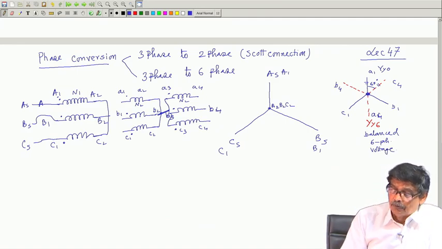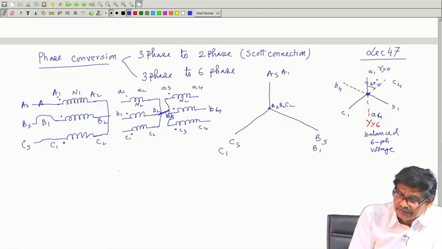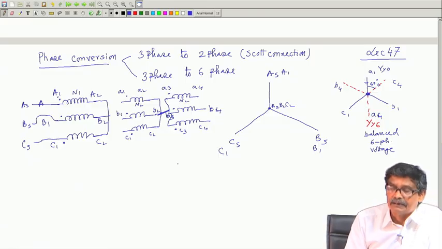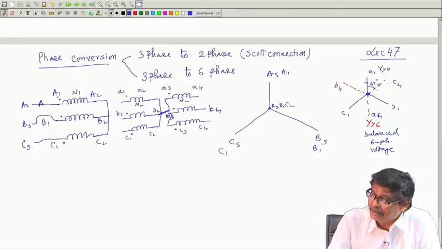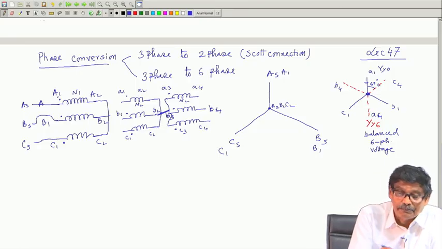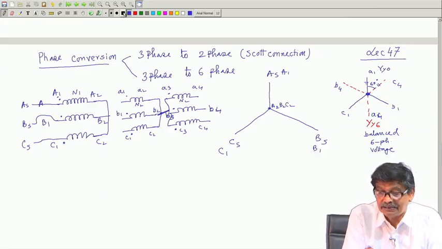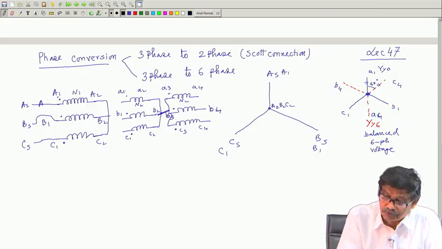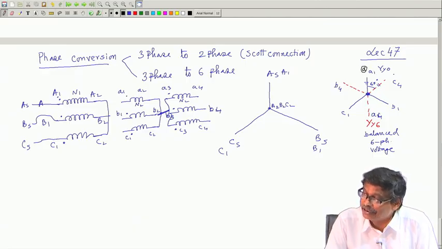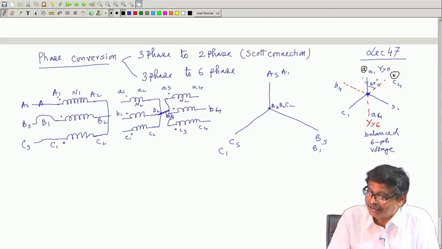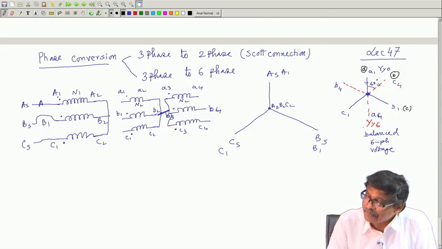We will not discuss much more, but what I am telling is, in the diode bridge, the names of these terminals may be changed a bit. You name this output terminal A 1 as A, suppose. This C 4 you say is B phase of the secondary side, this is C phase, this is D phase, this is E, and this is F phase.